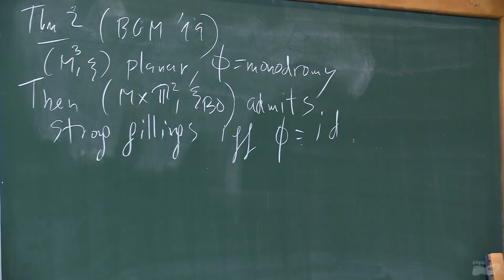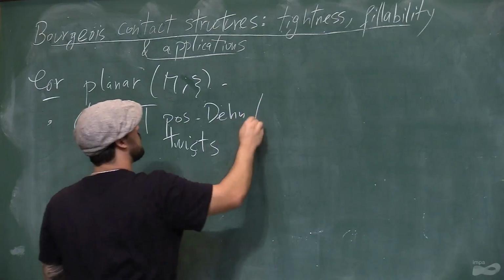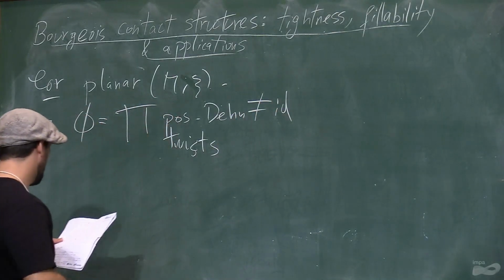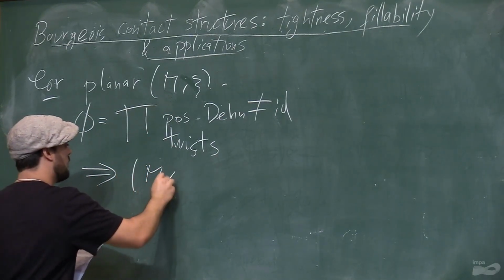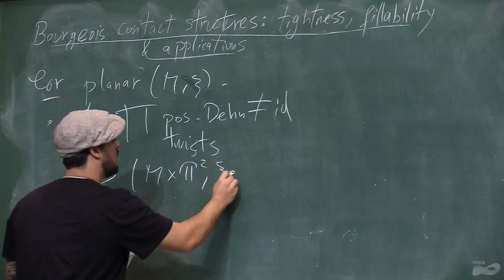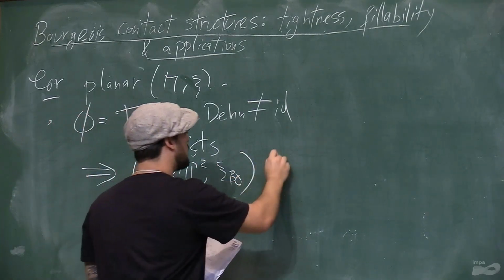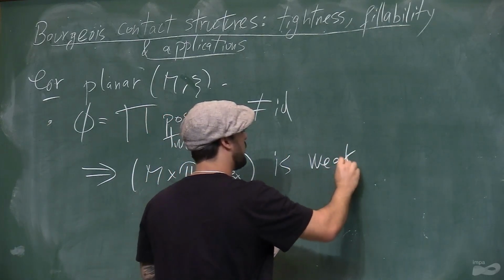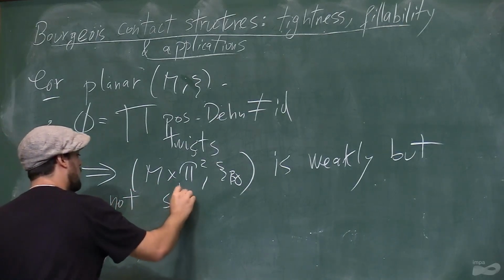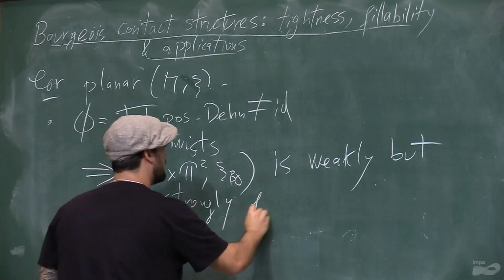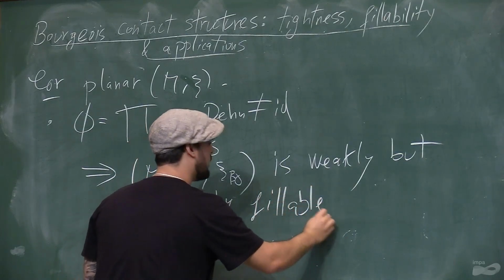So if you start with some product of positive Dehn twists, which is non-trivial, then the associated Bourgeois construction is weakly but not strongly fillable. So it's a weakly but not strongly fillable contact 5-manifold.